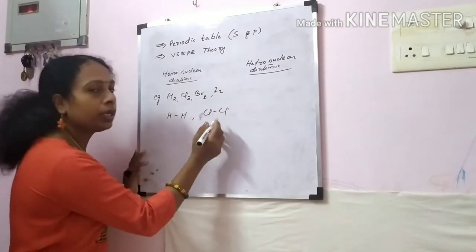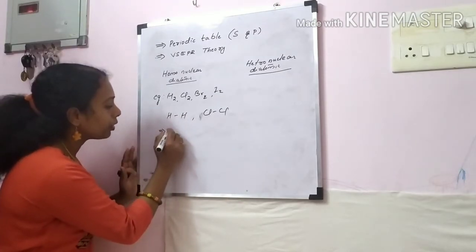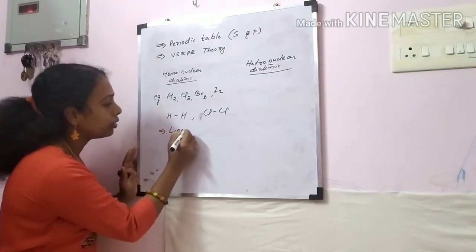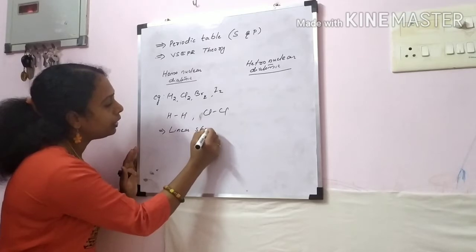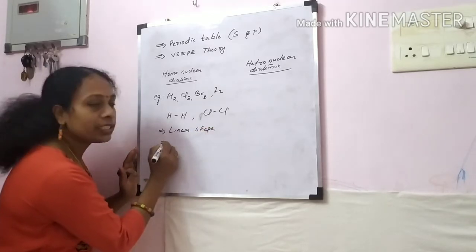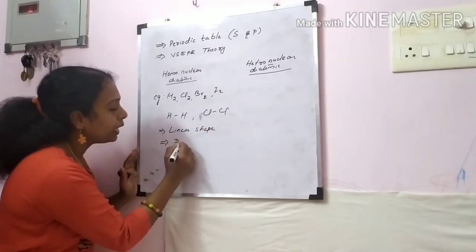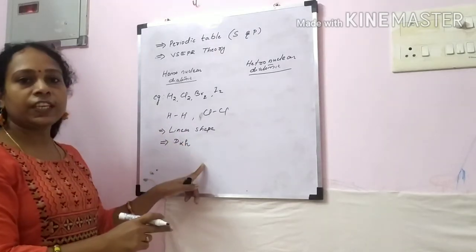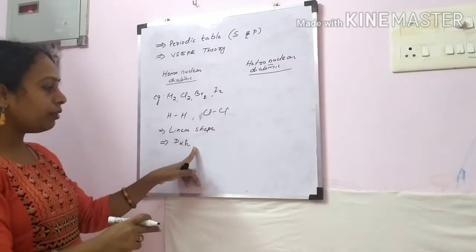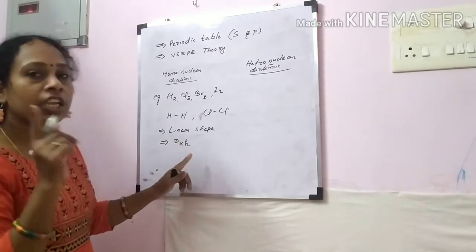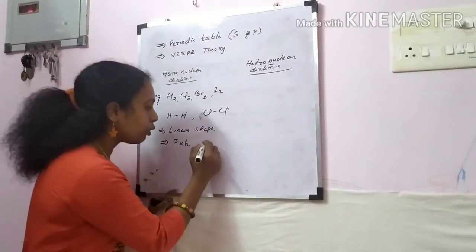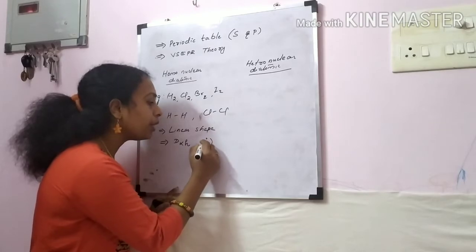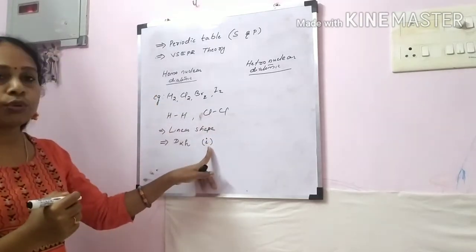So the shape will be linear, and it belongs to the point group D infinity h. Usually a linear shape will belong to the D infinity h point group if there is the presence of the symmetry element center of inversion.